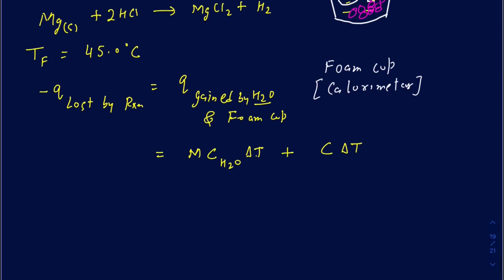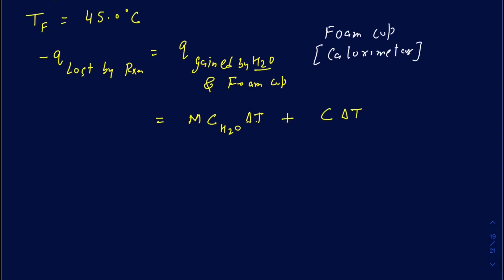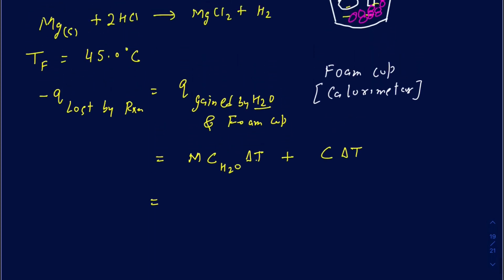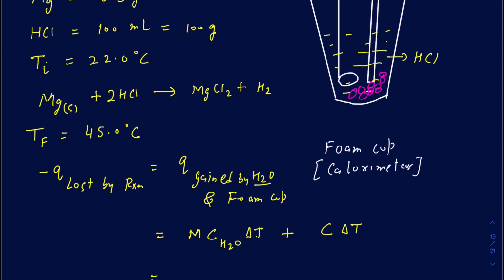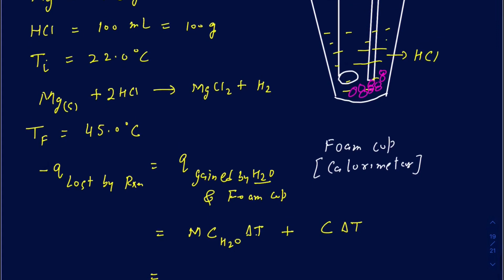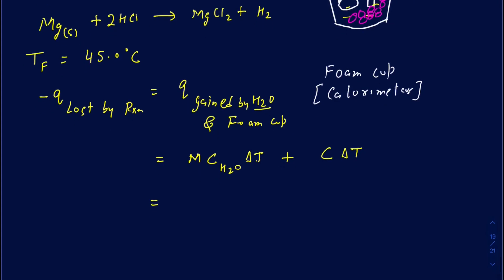Okay, so then how much mass do we have in there? The mass of the solution: initially we had 100 milliliters of HCl, which is roughly going to be 100 grams as well, because the density of the solution is going to be 1. And if you want, you can say I have added 0.5 grams of magnesium, so you can add that 0.5 to the 100 so that you are consistent with your mass.